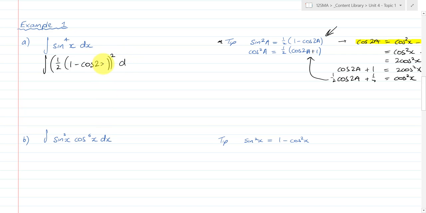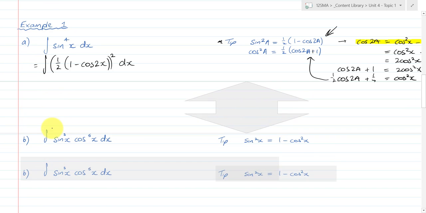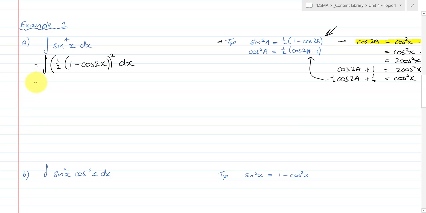Then I can write this down as the integral of a quarter, and in the brackets I've got 1 minus 2 cos 2x plus cos squared 2x, which is my expansion of this thing squared, with respect to x.